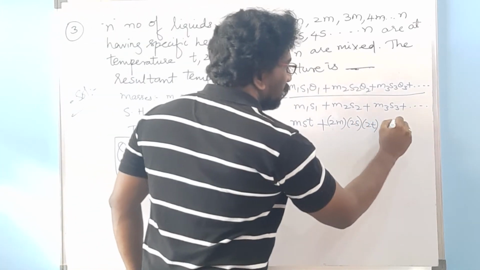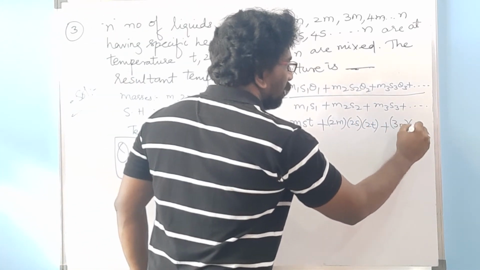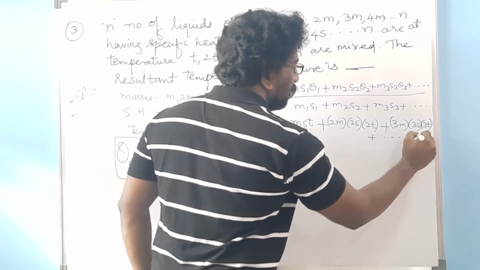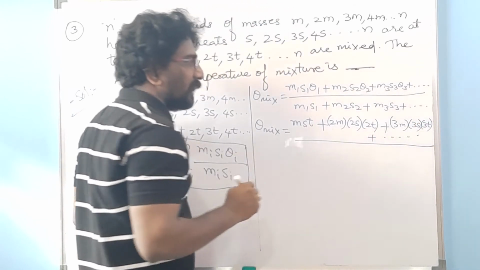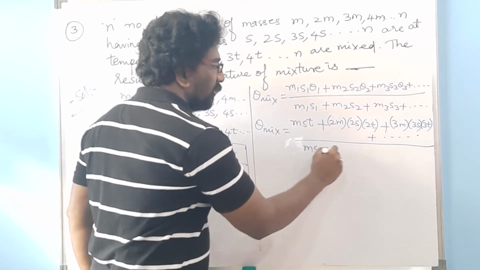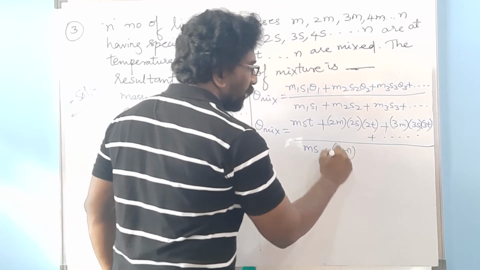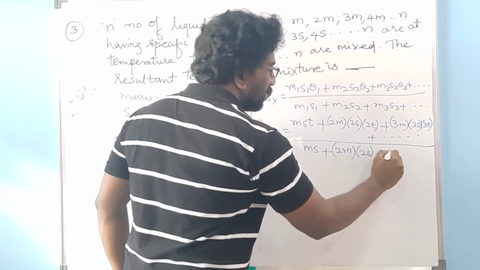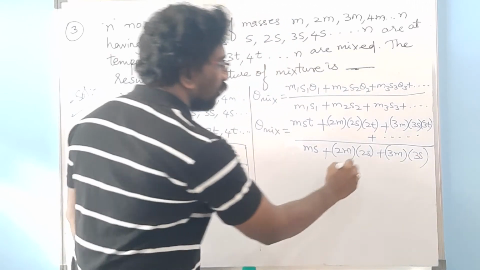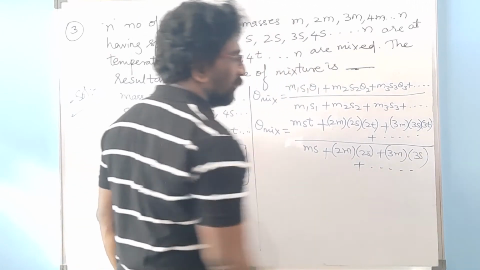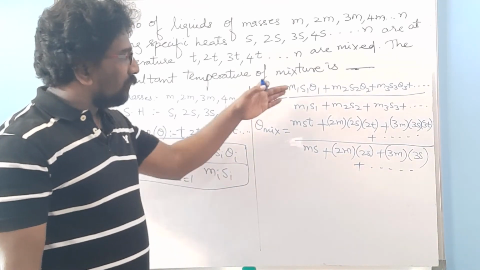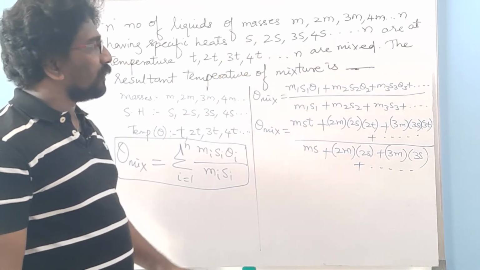So it becomes 3m, 3s, 3t plus so on, then divided by m1 equal to m into s1 equal to s plus 2m, 2s plus 3m into 3s. So this we have written plus so on up to n numbers. So this is how you should write down the values, whichever is given to us in the problem.